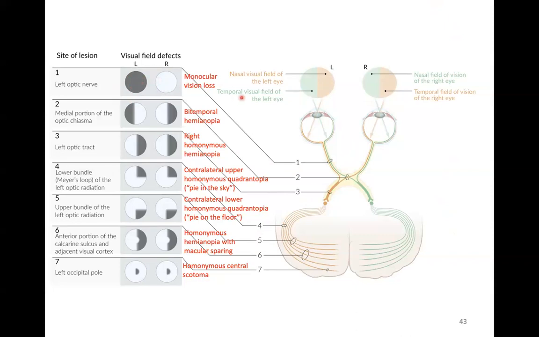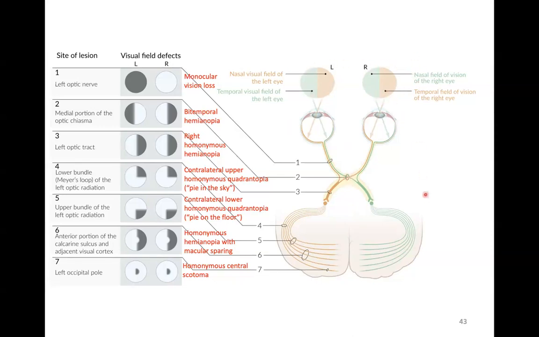Okay, now let's go to number two. Let's say the optic chiasm was damaged in the middle. Let's say there's a lesion or trauma or maybe a tumor that was growing and overgrowing to this part, and it was pressing on the optic chiasm. Now what would happen? What's being compressed here? What's being compressed is the lateral vision that's coming from either eye.